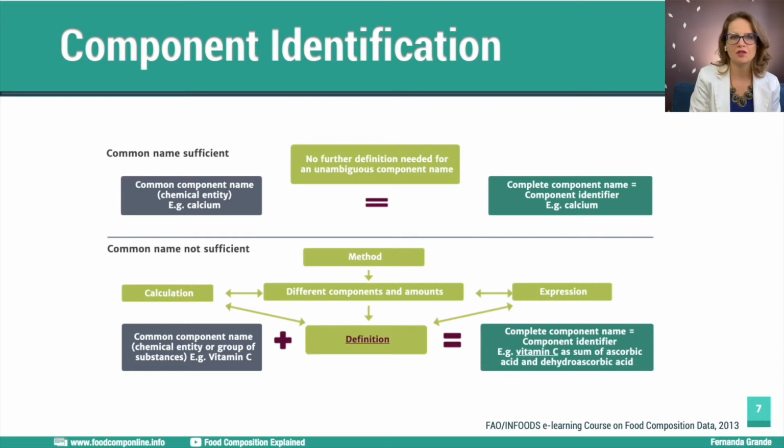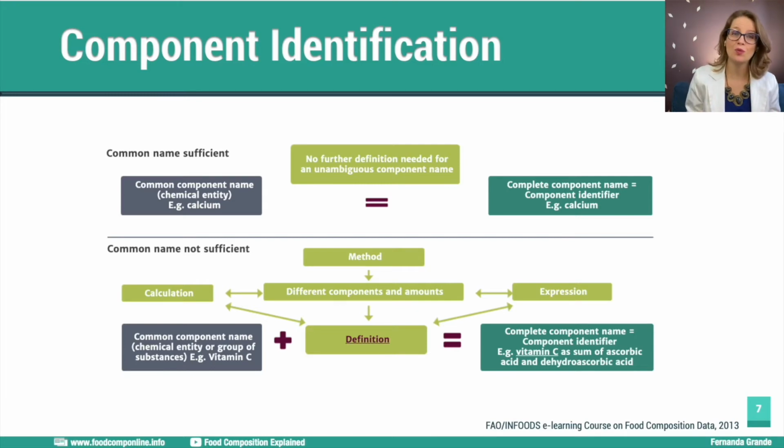So in the case of vitamin C, we need to have the definition together with the common name. For example, if a food composition table is presenting total vitamin C, it means that they are presenting the vitamin C as the sum of ascorbic and dehydroascorbic acid.